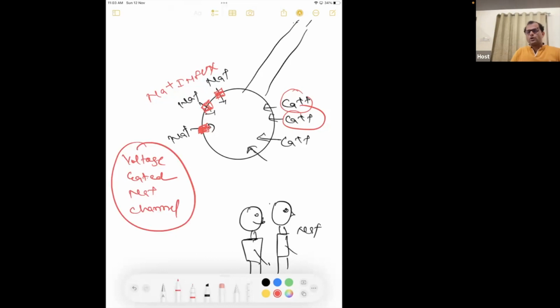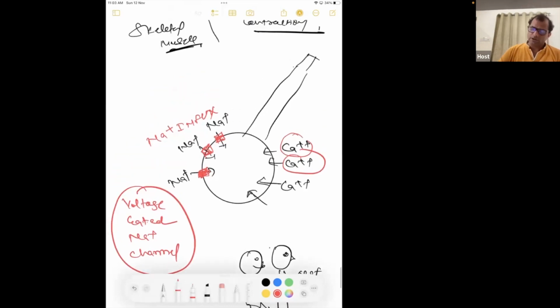So how we are explaining, we can explain in this way. Number one, from the anterior horn of the spinal cord, the action potential is coming.